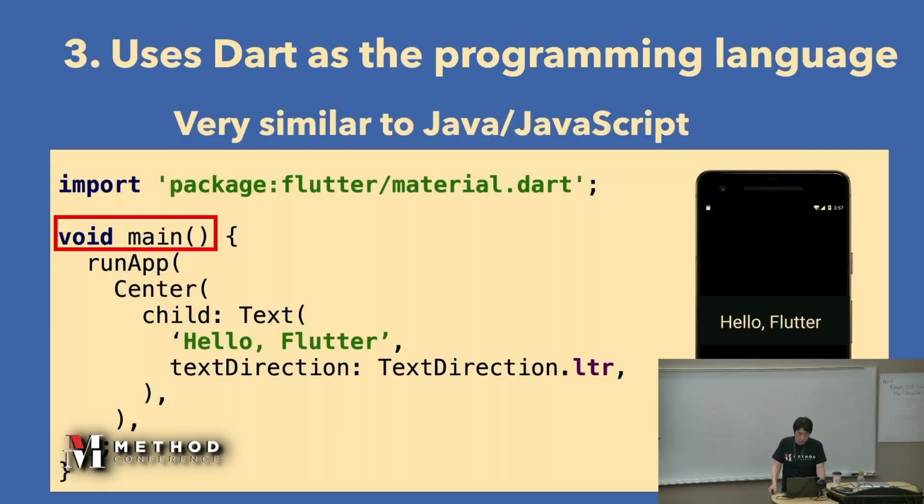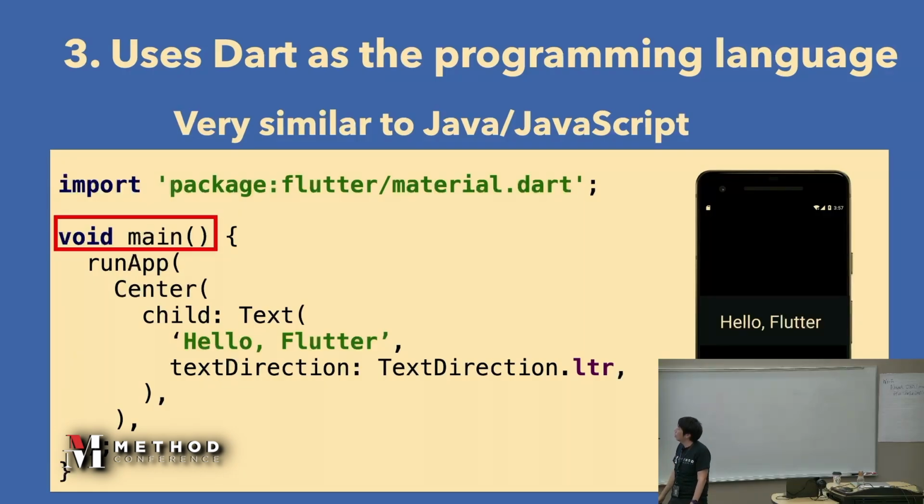And the third point is that to develop Flutter apps, we have to write Dart. Dart is a programming language. Dart is very similar to Java or JavaScript. To show Hello Flutter on the screen, we have to write just this 10-line code.